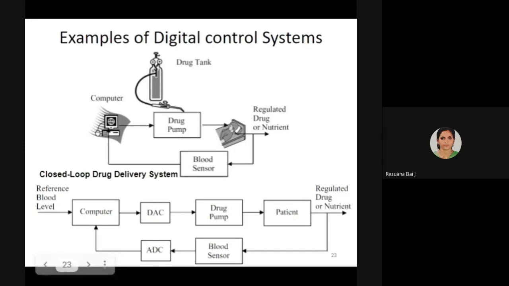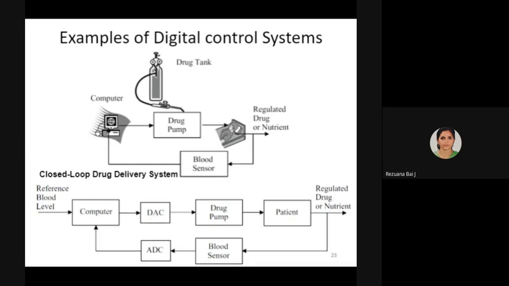So comparing, and if that is less than the required value, the drug pump, in the sense the glucose level pump, with the knob here, that valve will be opened such that the patient will get that glucose using a simple drip arrangement. That is, giving a drip to the patient.